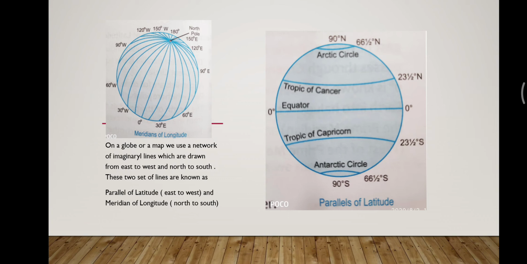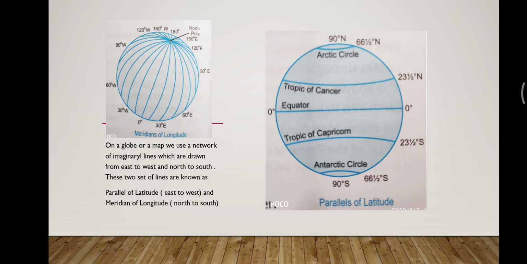Look at the map. The Tropic of Cancer lies in the northern hemisphere at a distance of 23.5 degrees north from the equator.